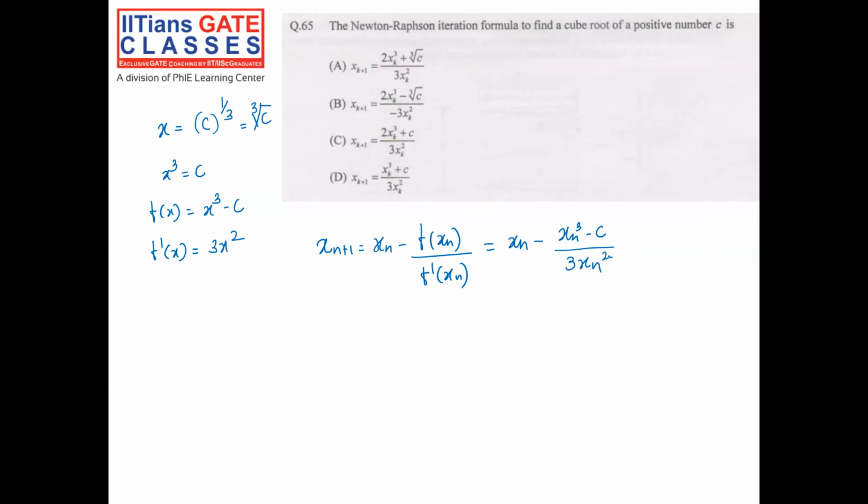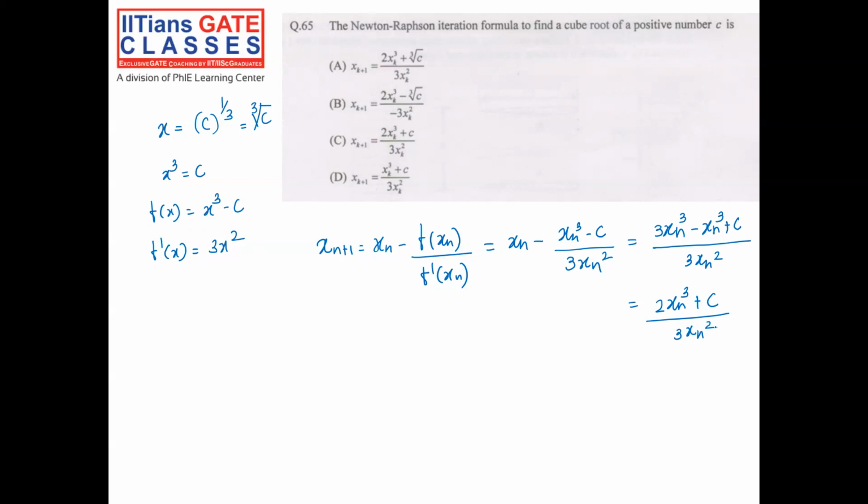If you cross multiply and further simplify it, you will end up with 3xn cube minus xn cube plus c divided by 3xn square. And after solving the numerator, we will end up with 3xn cube minus xn cube, which is 2xn cube plus c, divided by 3xn square.